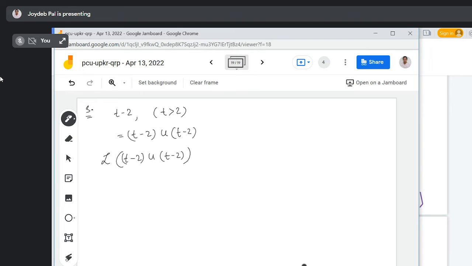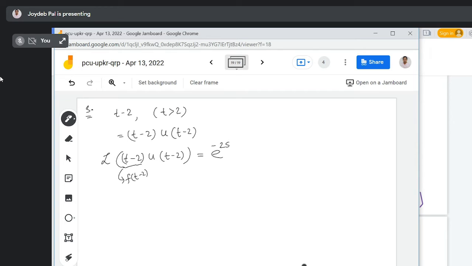Now the Laplace transform of (t minus 2) u(t minus 2). So it is of the form f(t minus a) u(t minus a). So you apply the main formula of t shifting. So it is e to the power minus as, a means 2, times F(s). F(s) means the Laplace transform of f(t). So what is f(t) here? According to the main formula, it is f of t minus 2.